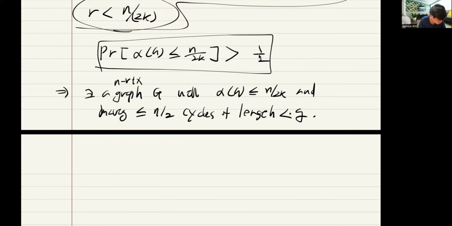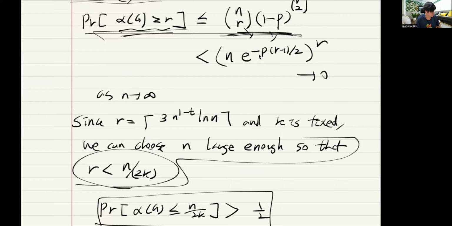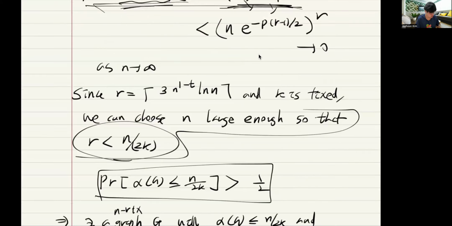So we delete a vertex from each short cycle and obtain a graph with girth at least g and chromatic number at least k. So this proves what we want. Okay, that's the proof of what we wanted.